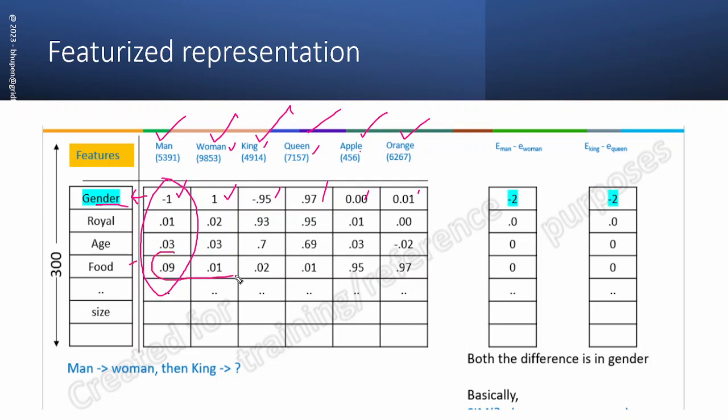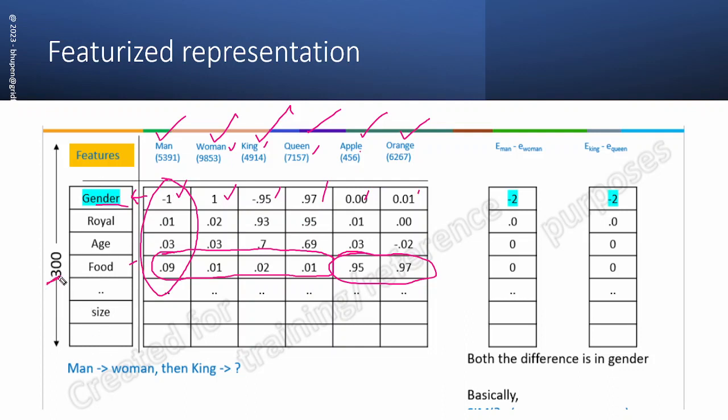So for food, you have man, woman, king, and queen. They will be low in terms of the value, but apple and orange will be high. So this can be useful in the sense that every word has a distributed value across the dimensions.